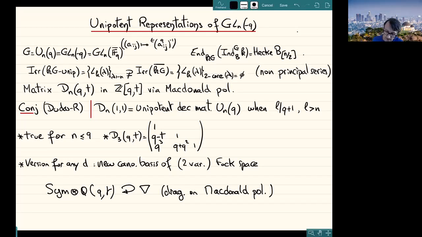And this matrix Dn of QT is obtained by factoring this matrix nabla. So here you take the basis, not quite the symmetric functions, but you take plethysms of symmetric functions.